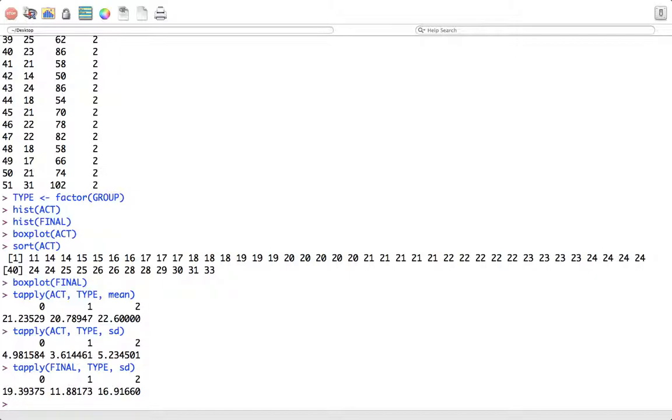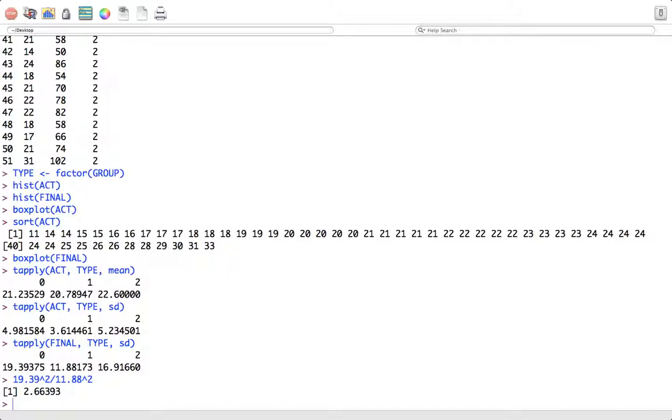Yeah. So the biggest variance is 19.39, and the smallest is 11.88. And we get 2.66, which is a violation of our equal variances. So, we just need to report that.